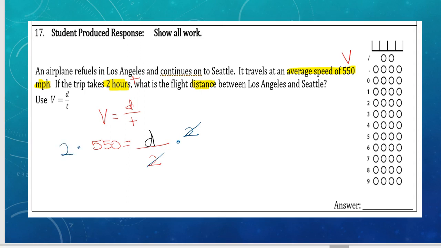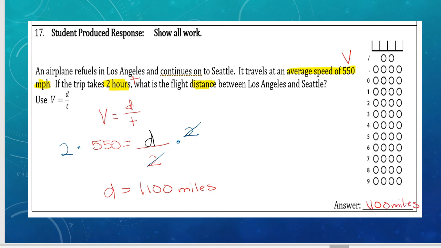And I can conclude that the distance is, and calculator work if you need to, 2 times 550 is 1100, and that would be miles because it's distance. So 1100 miles.